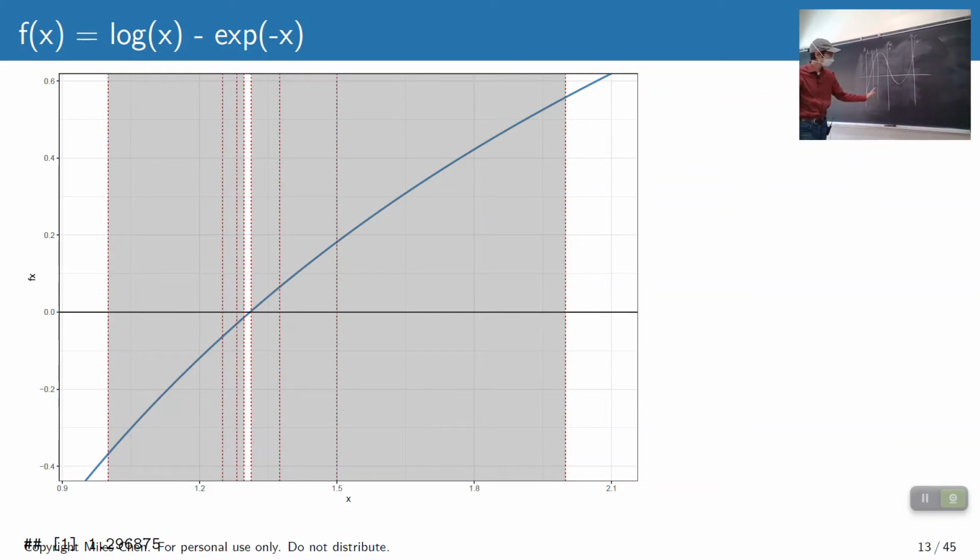So that's an issue. Now, hopefully you can start off with some kind of interval where, if you have multiple roots, you can at least isolate them a little bit. Just simple.